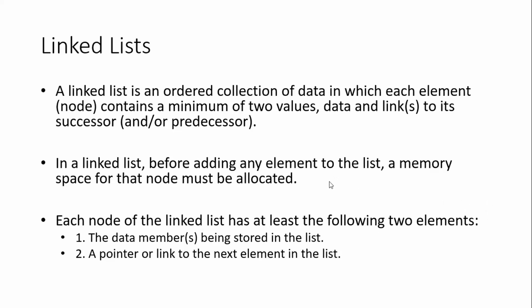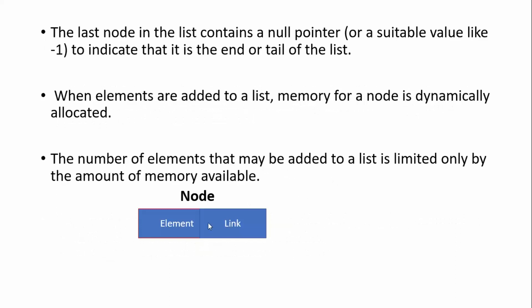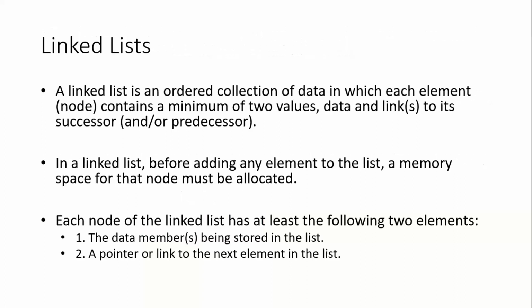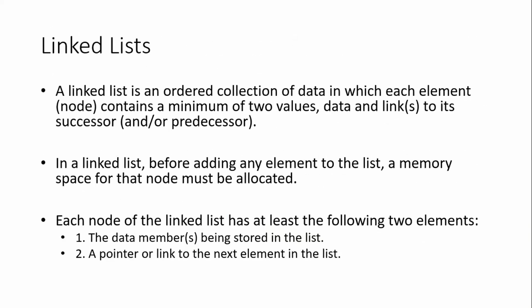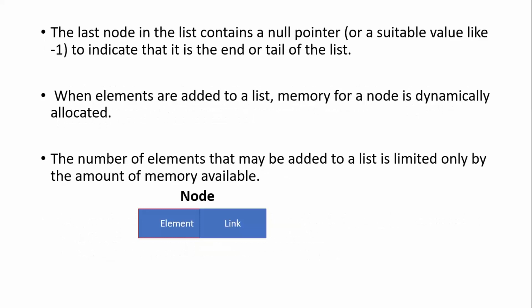So this is what a linked list is, and this is what a node is. Your linked list is made of these kinds of nodes, and minimum, I said, a node would contain two parts. First one is element and the other one is link. Element is nothing but the actual data or data member, and the second one is pointer or link.